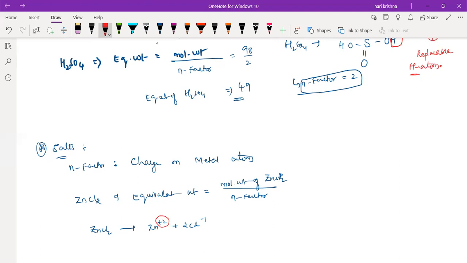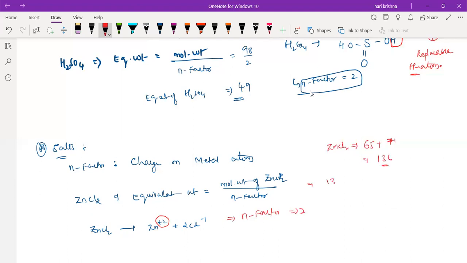The charge is +2, right? So what will the n factor be here? Two. So what is the weight of Zn and Cl? Zinc is 65, Cl is 35.5, so both together add up to 71, and you'll get 136.